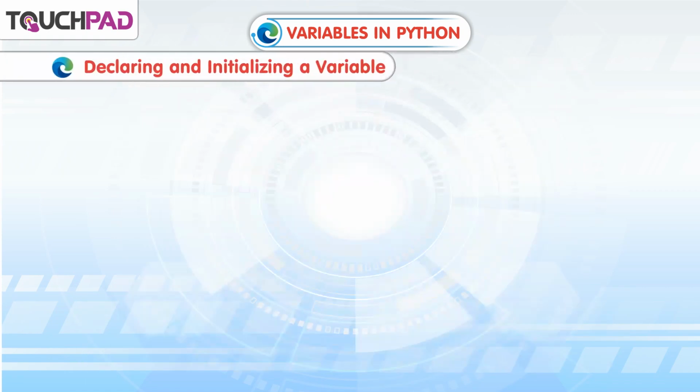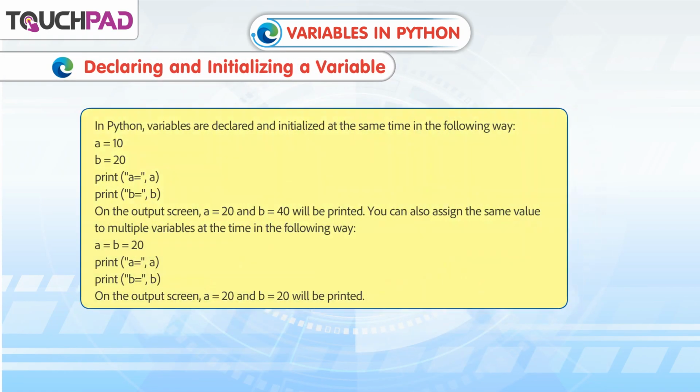Declaring and initializing a variable. In Python, variables are declared and initialized at the same time in the following way. On the output screen, A is equal to 20 and B is equal to 40 will be printed. You can also assign the same value to multiple variables at the time in the following way.